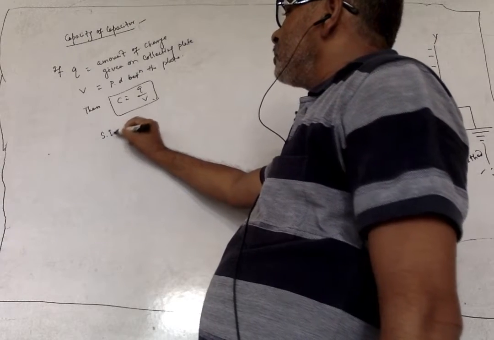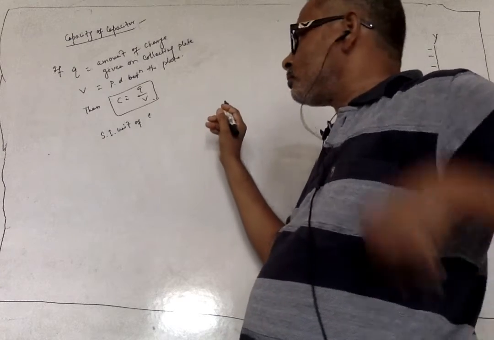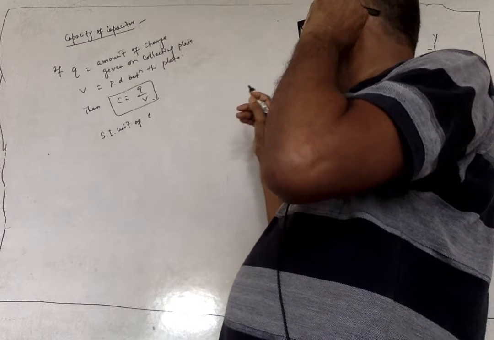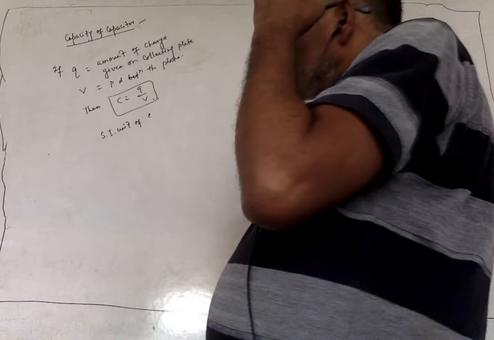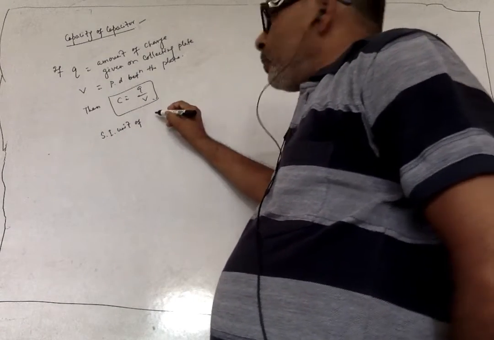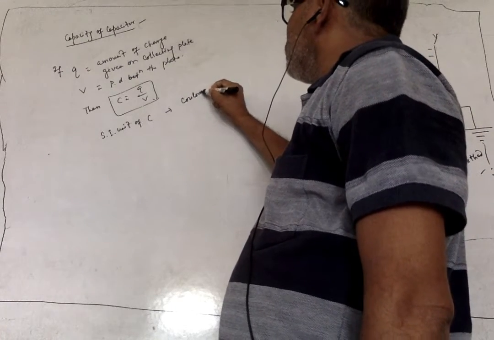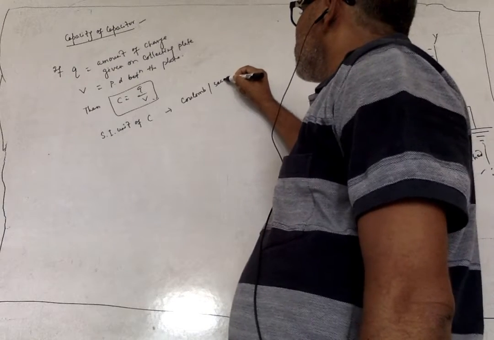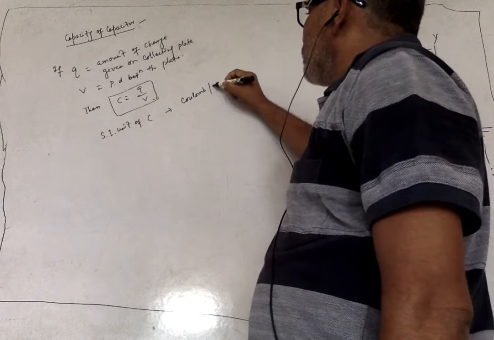SI unit of C: coulomb per volt. SI unit of C is coulomb per volt.